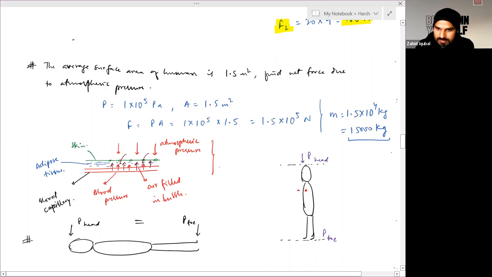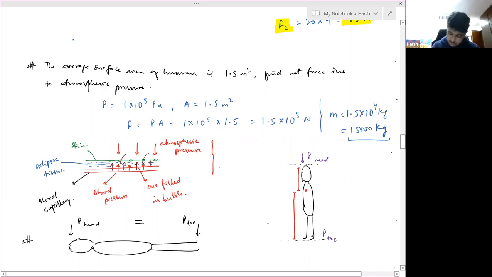It will have a small length of blood stream up to this point and a longer length of blood stream to reach this point. Is it clear? Yes. So from inside, blood pressure at the head, since it is defined by a smaller length of blood flow, will be lesser as compared to this bottom point. That's why pressure at toe will be greater than pressure at head. Yes, sir. Okay, so just correct it.